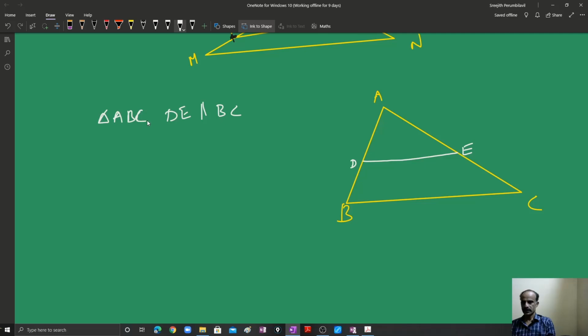Instead of proving BPT, they may ask you this: prove that AB by DB is equal to AC by EC.